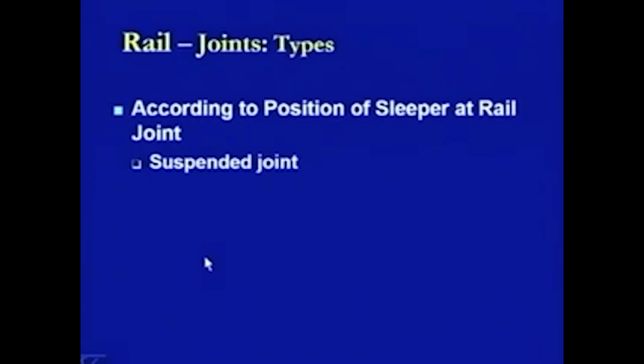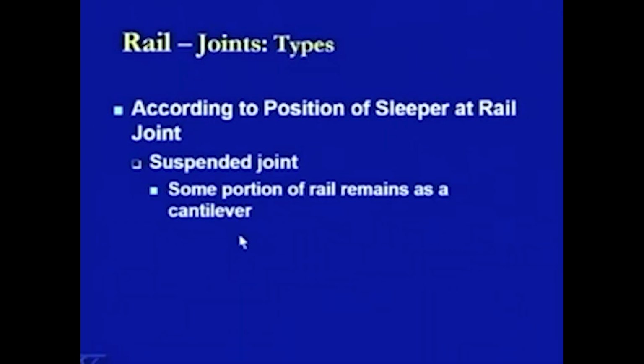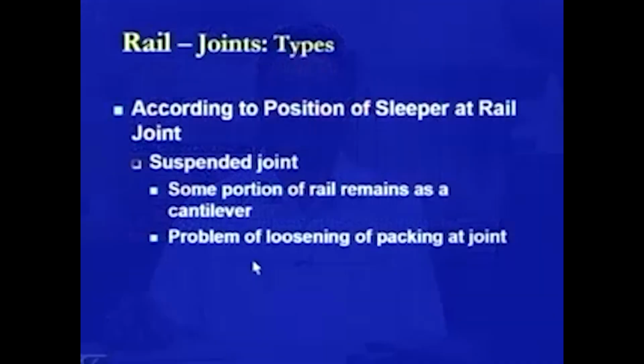Another type of joint is the suspended joint. In the case of a suspended joint, some portion of the rail will remain as a cantilever. A cantilever, as you have read in structures, is a part of the system which remains suspended in the forward direction away from the point of support. So, in this case there is a problem of loosening of packing at the joint.